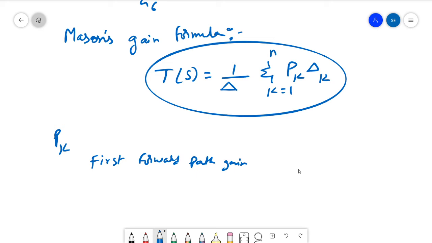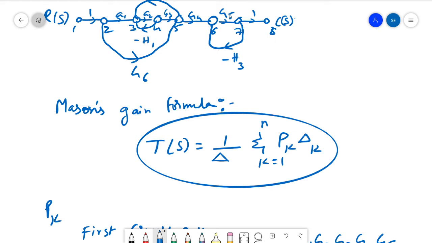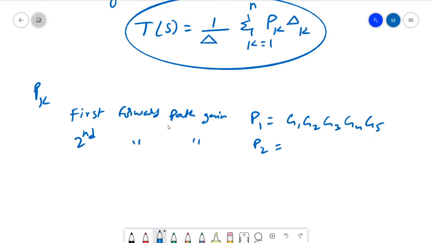Second forward path gain, P2 is equal to, just check it out, from 1 it is going to G6, G4, G5, right? P2 is equal to G6, G4 and G5. So now we wrote the forward paths.